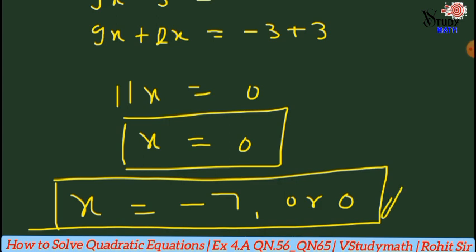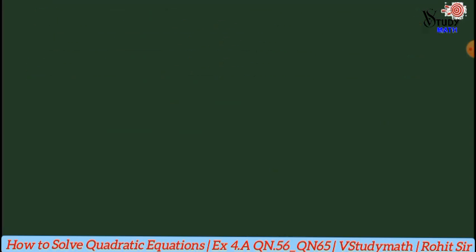Now comes to solve the next problem. The next problem is problem number 65. Let's crack problem number 65. That is, no, problem number 66. This is problem number 66.